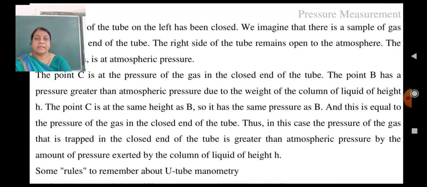Thus, in this case, the pressure of the gas trapped in the closed end of the tube is greater than atmospheric pressure by the amount of pressure exerted by the column of liquid of height h.